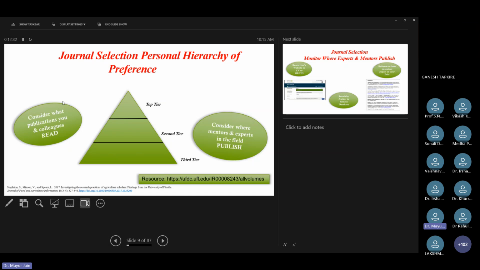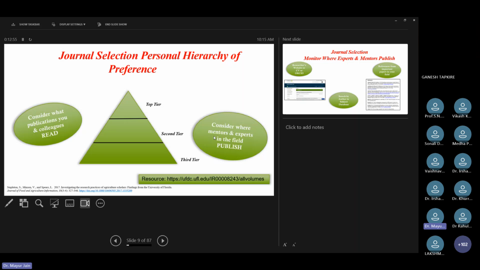So the first thing to consider is what publications you read, what journals you go through, what the names of the publishers are, whether it is a peer reviewed journal or not, and whether it is a time-consuming journal or not. All these different aspects of journal selection are very important to consider while submitting your manuscript.